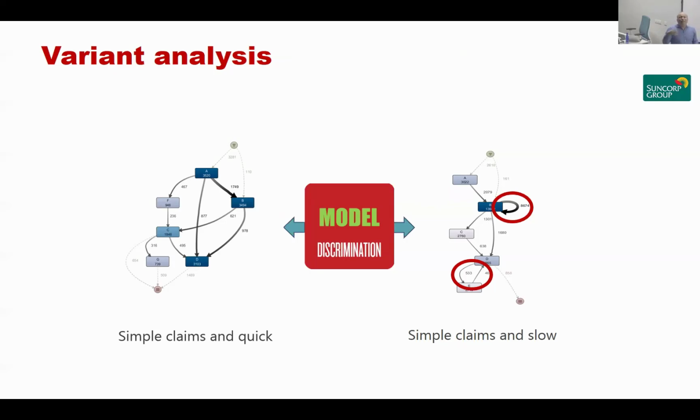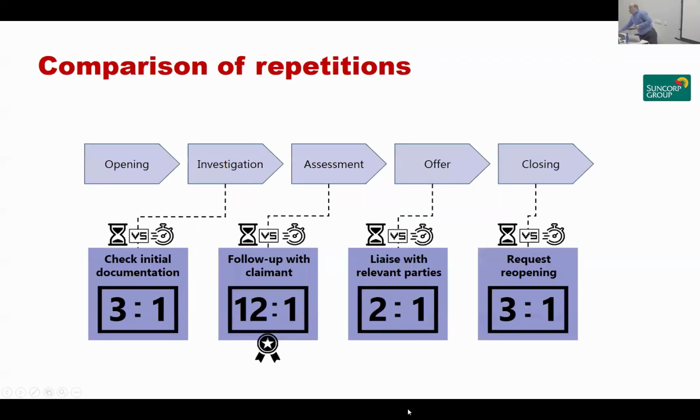You do that and you usually end up with around 30 to 50 observations of possible reasons why some claims are taking too long. Then you drill down and you find that there is some rework that is being observed very frequently in the claims that run late, and that is not being observed in the claims that are completed on time.